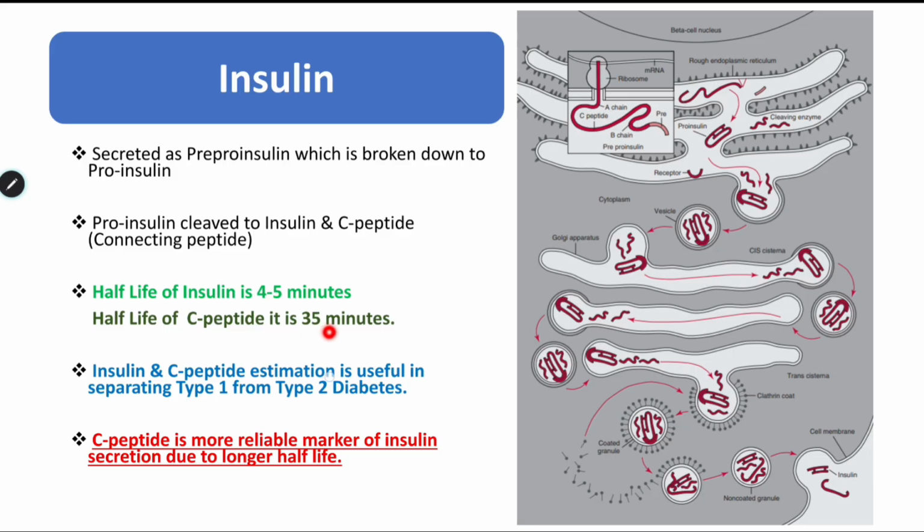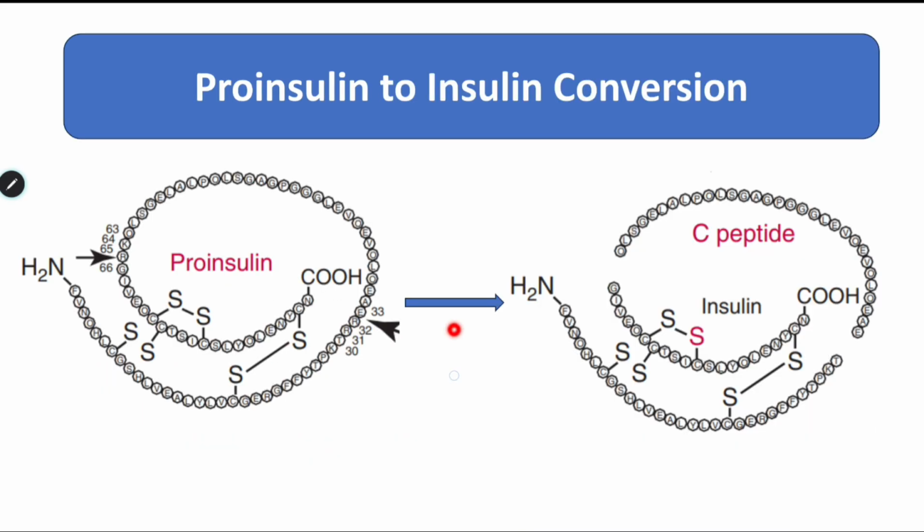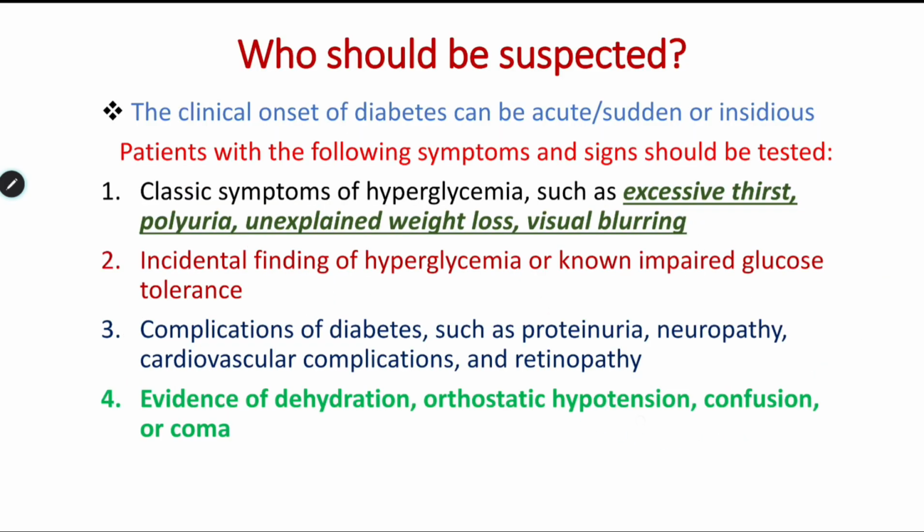And if insulin and C peptide are low, that means it is type 1 diabetes. This is again a diagram showing conversion of proinsulin to insulin with the cleavage of C peptide. As you can see, this C peptide made it possible for the chain to turn like this, and then it just cleaved to give this insulin molecule.